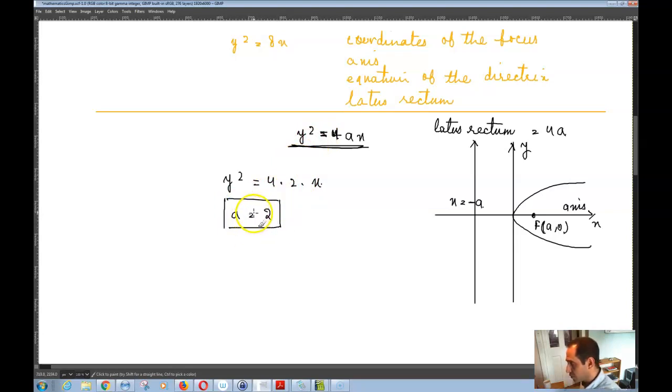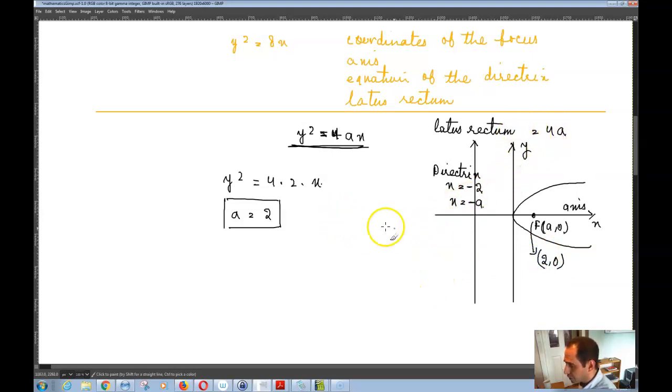Now if my a is equal to 2, then the equation of the directrix becomes x is equal to negative 2. The coordinates of the focus become (a, 0), which is (2, 0).